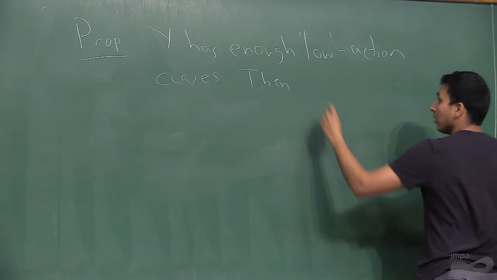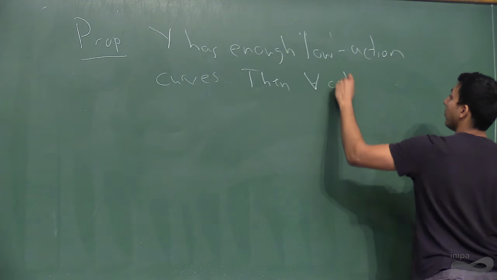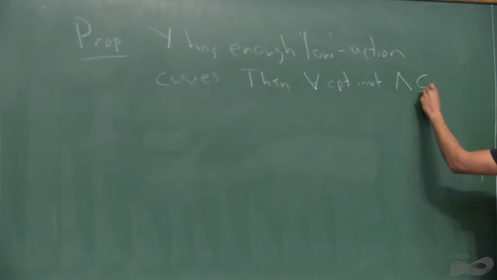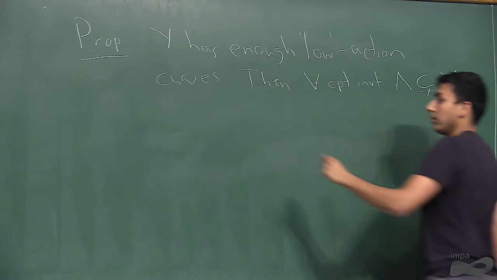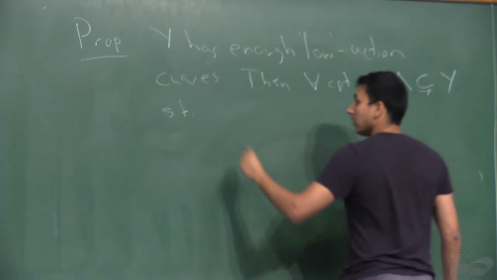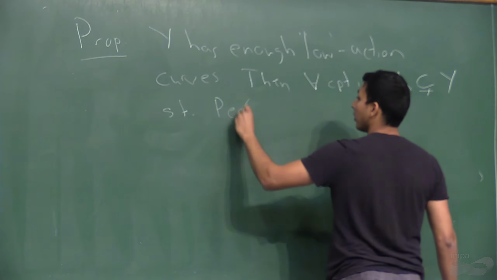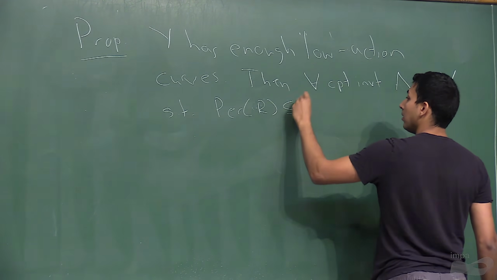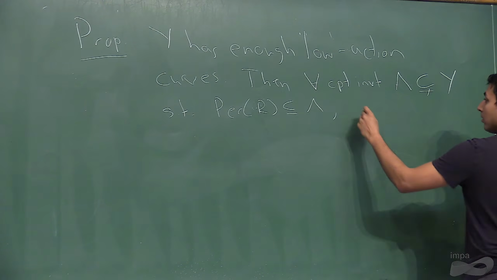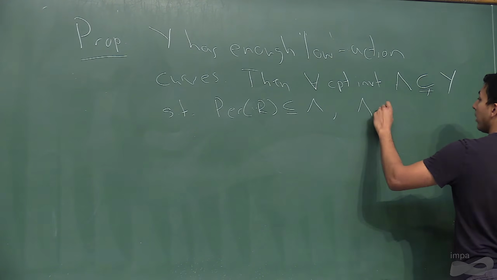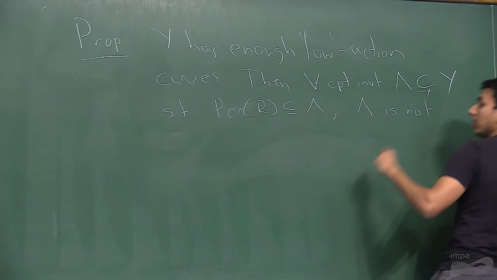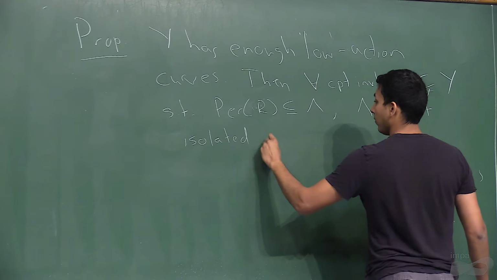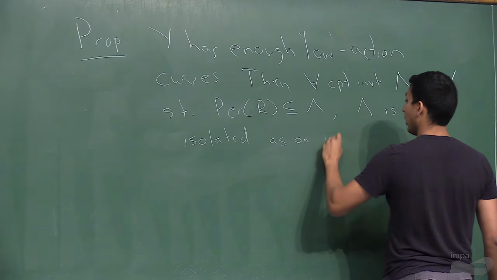Then for every compact invariant lambda, which I guess is a strict subset of Y, such that all the periodic points are contained in lambda, then we know that lambda is not isolated as an invariant set.